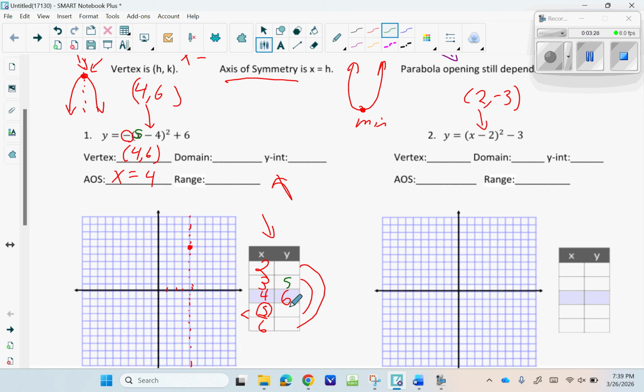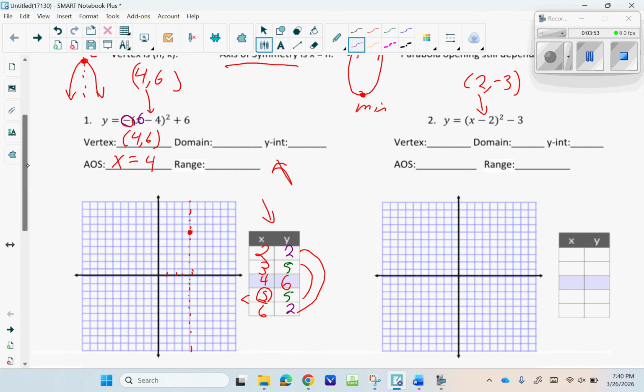So I know that not only a 5 goes here, but a 5 also goes here. Okay, let's do another one. Let's do 6 this time. 6 minus 4 is 2. 2 squared is 4, and then we have negative 4 plus 6, and that's going to be 2.